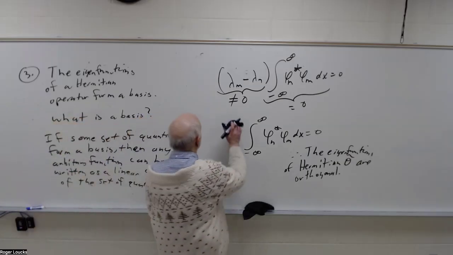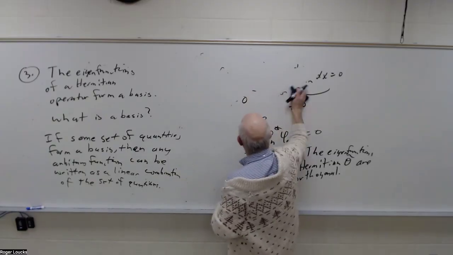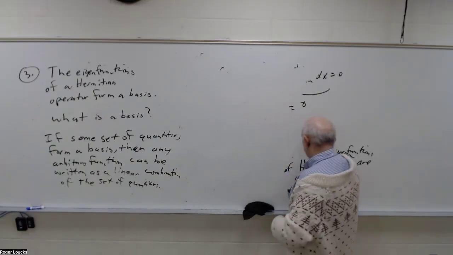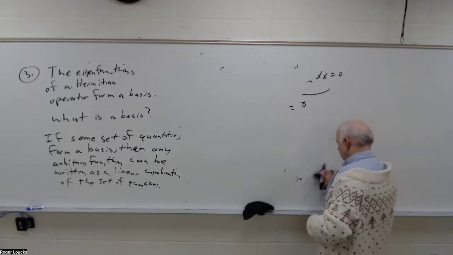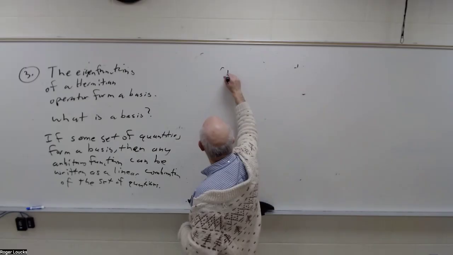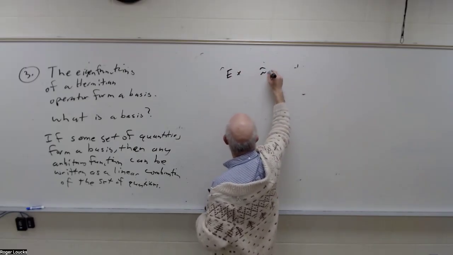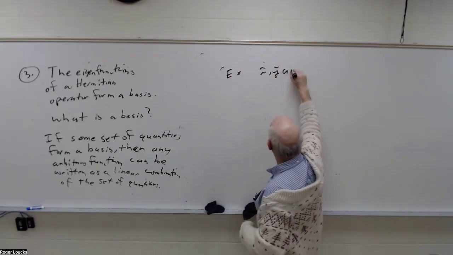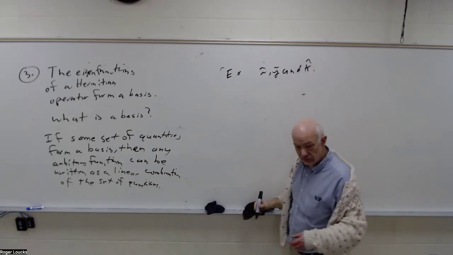Let me give you an example that you actually already know. You know it from general physics, and from Calc 3, you just never thought about it. An example of this is i, j, and k, the unit vectors.